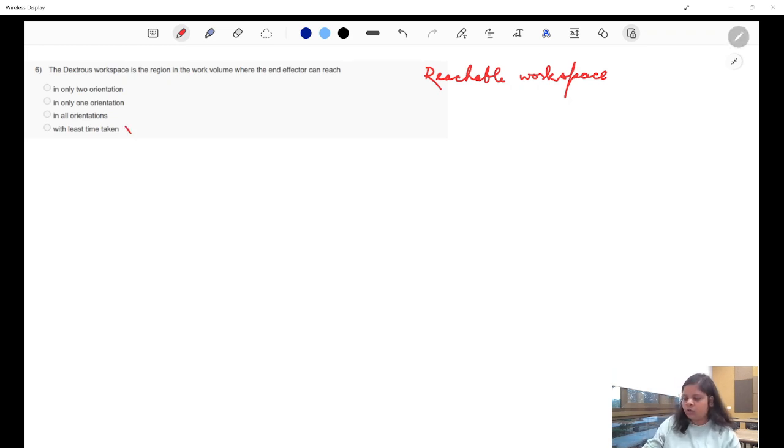So definitely this is the wrong answer. Dexterous workspace is in all orientations. Okay. And reachable is in? Reachable is the boundary at the end limit. It can reach at the end limit only. Then it is possible with one orientation only.